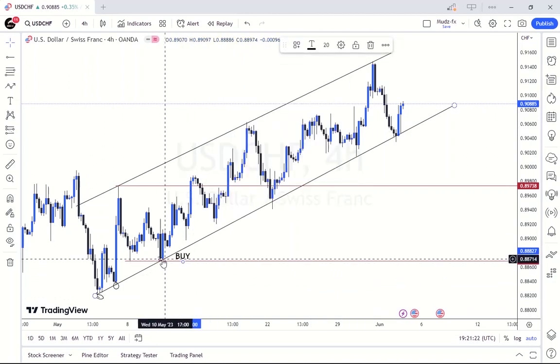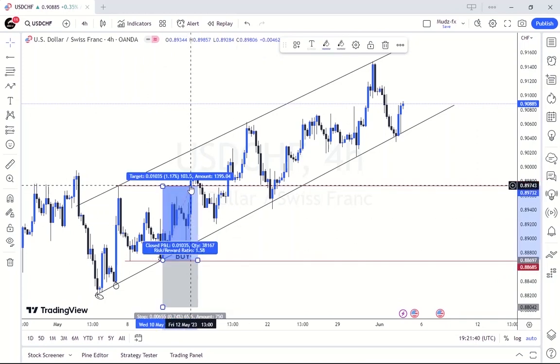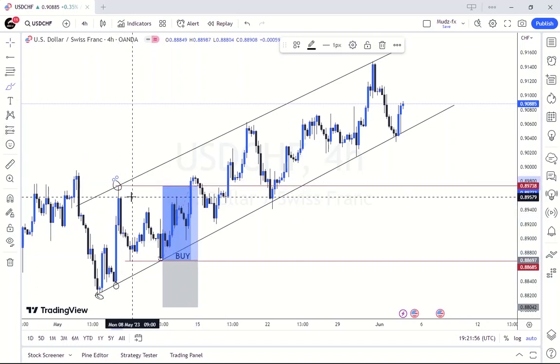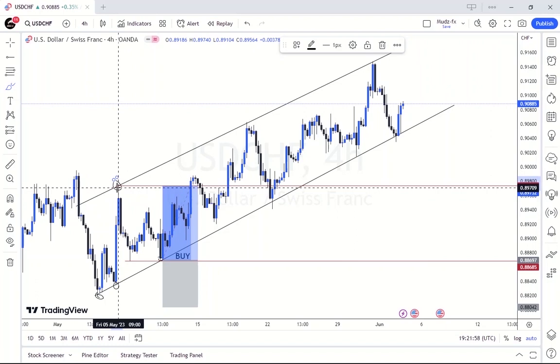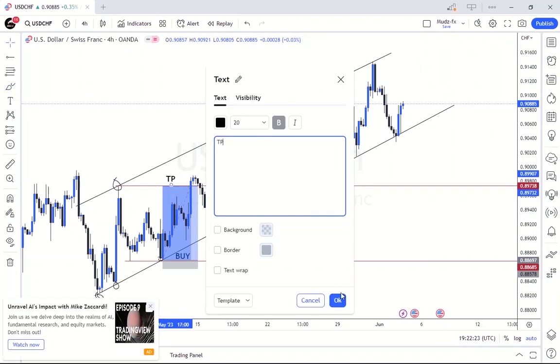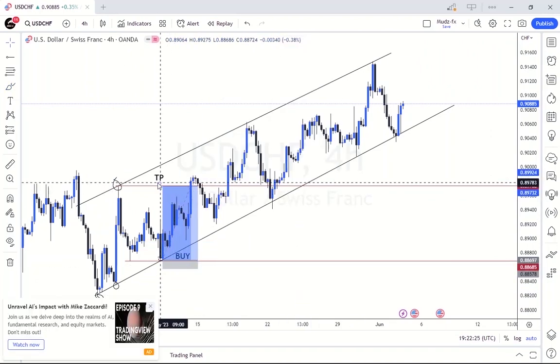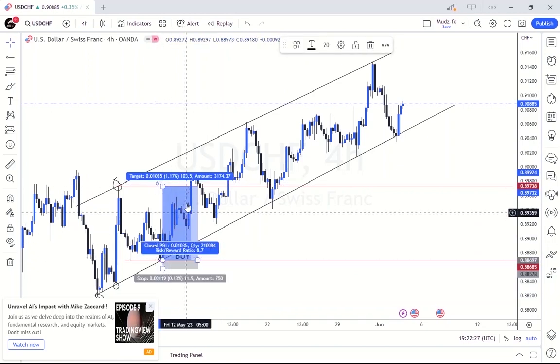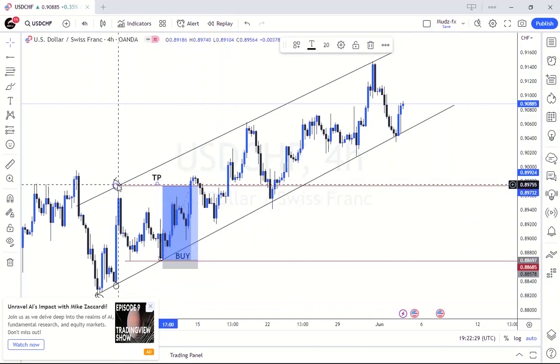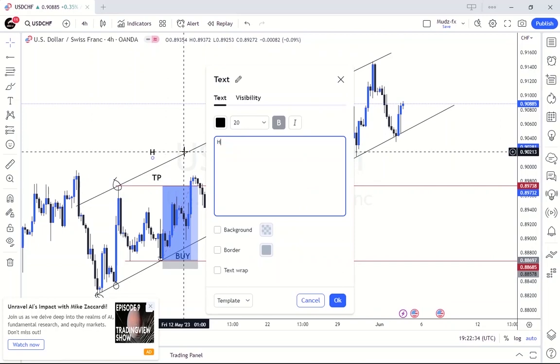We're gonna buy from here up to our previous higher high, which is this one, right? Our previous higher high. This is where our take profit was after buying all the way up to our higher high.